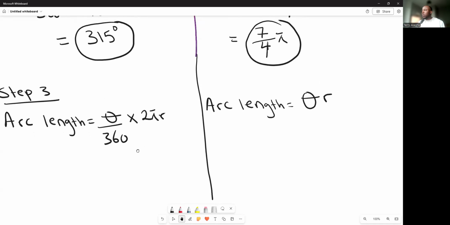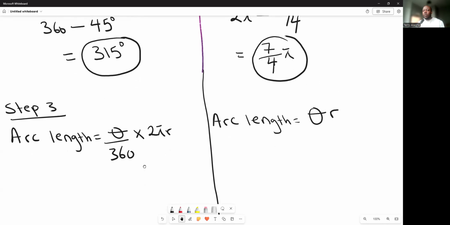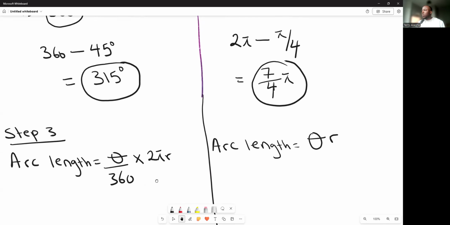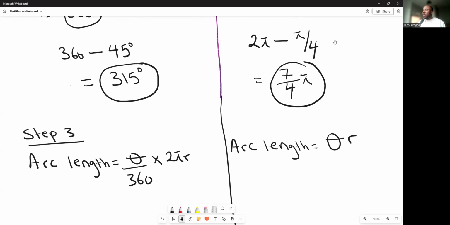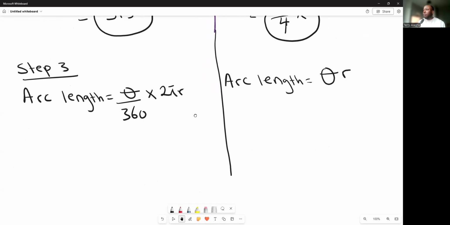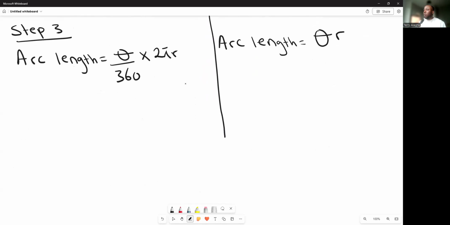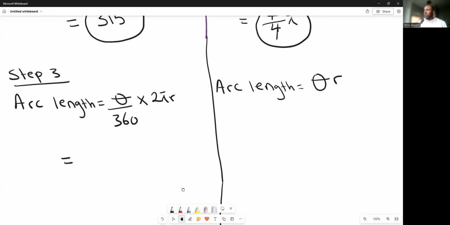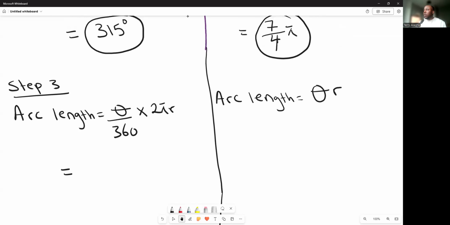So the arc length now is going to be equal to the theta, which we solved then, 315.